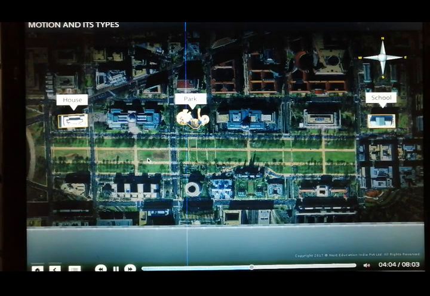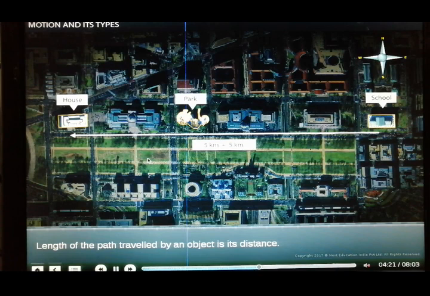In this case, the total length of the path travelled by you is the sum of the length of the path from your home to school, which is 5 kilometers, and the length of the path from school back home, which is again 5 kilometers. The length of the path travelled is called the distance.